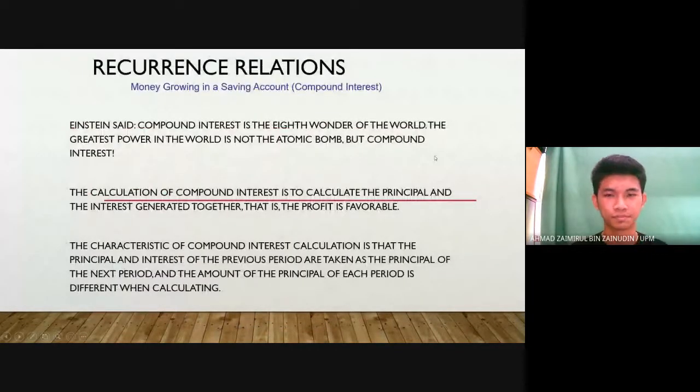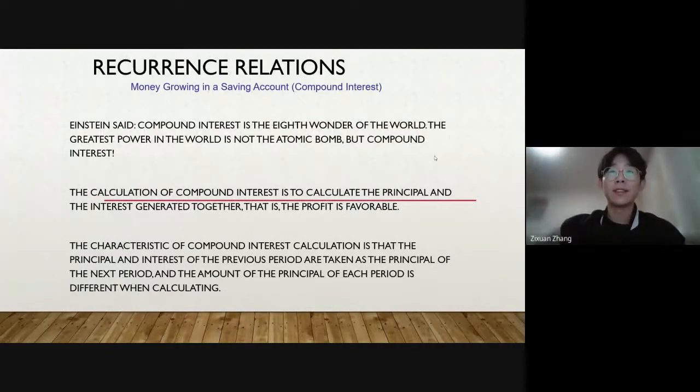Okay. This map plots money growing in a savings account with compound interest. Einstein said compound interest is the wonder of the world. The greatest power in the world is not the atomic bomb, but compound interest. The calculation of compound interest is to calculate the principal and the interest generated together.